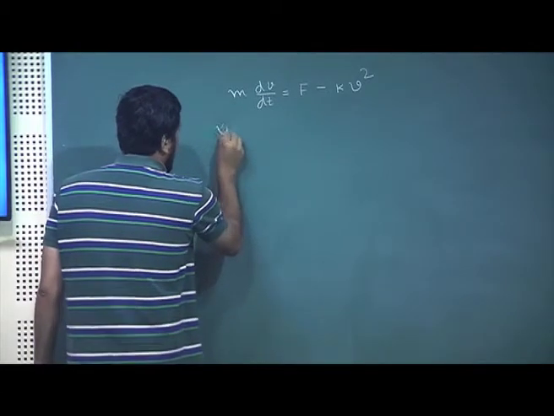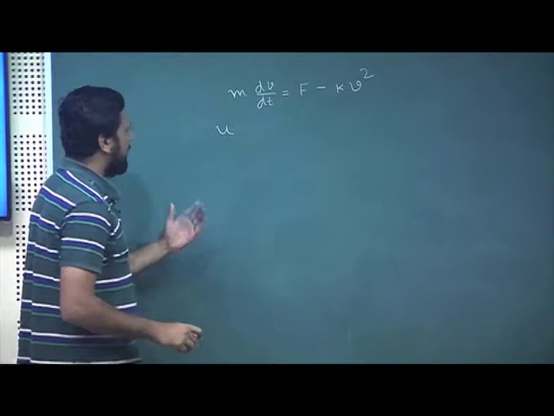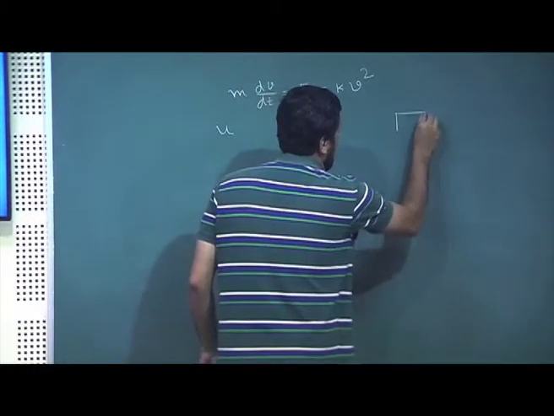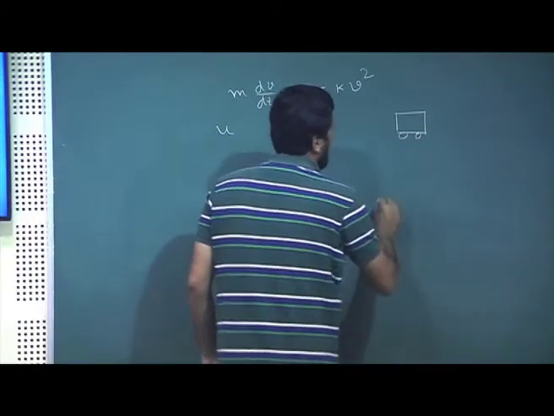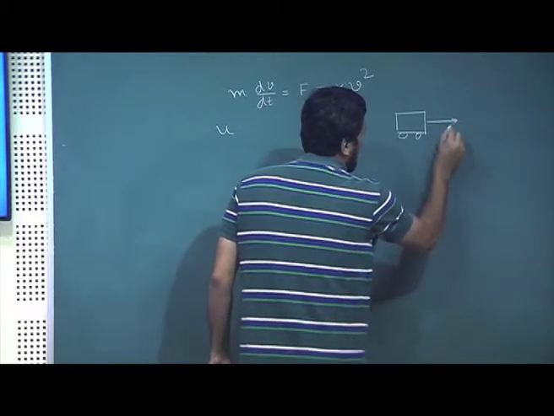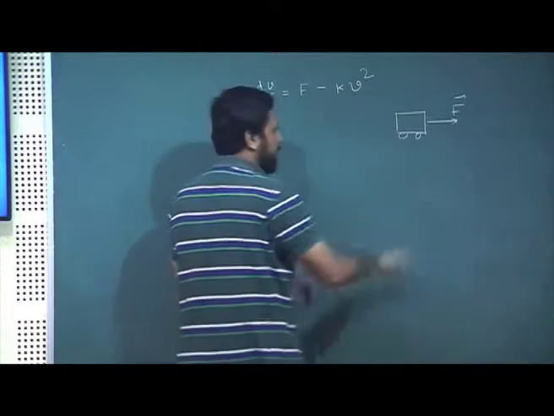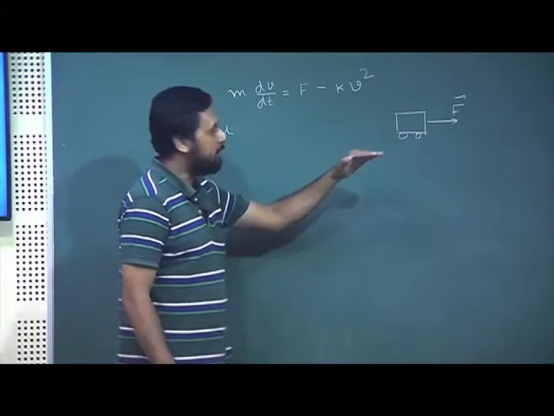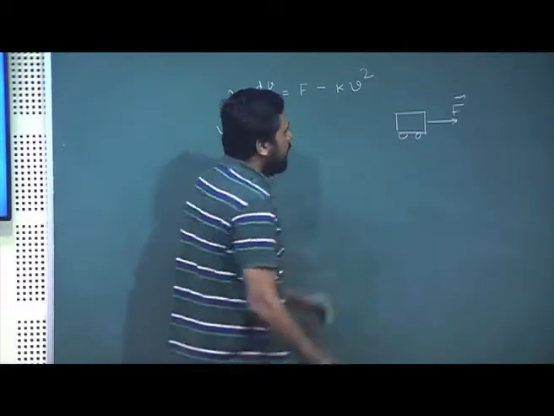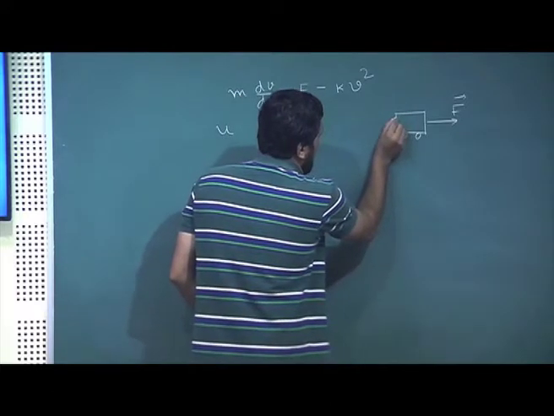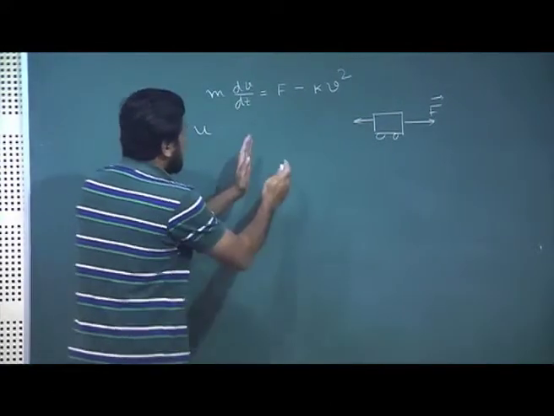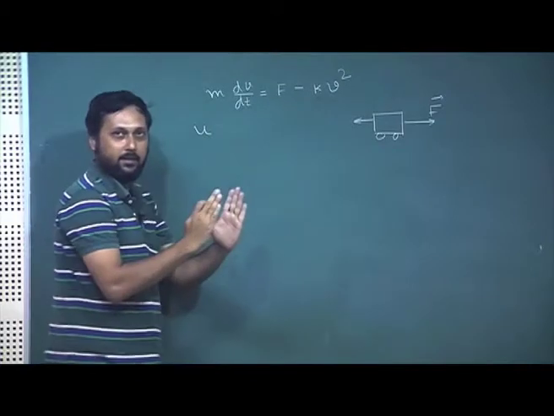Now, if u is the maximum velocity possible, understand this situation. Let us say this is our motor car, and it is moving under the influence of a constant force F, which is in this direction. It comes from its engine. Now, air resistance will try to slow it down, and essentially these two forces will combat.